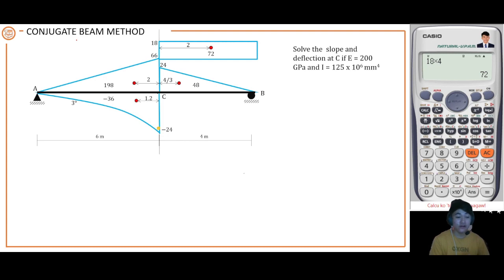To solve the slope of your real beam, you have to solve the shear of your conjugate beam. If you only want the shear and moment at that point, you can consider either the left or right side of your section. It would be easier if you consider the right portion, so we have to solve the reactions of the supports.